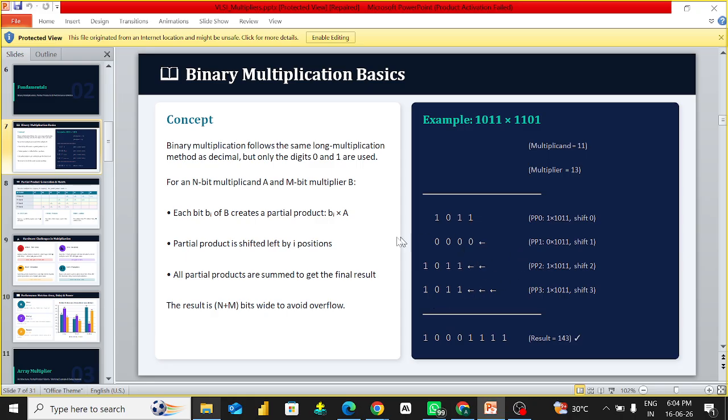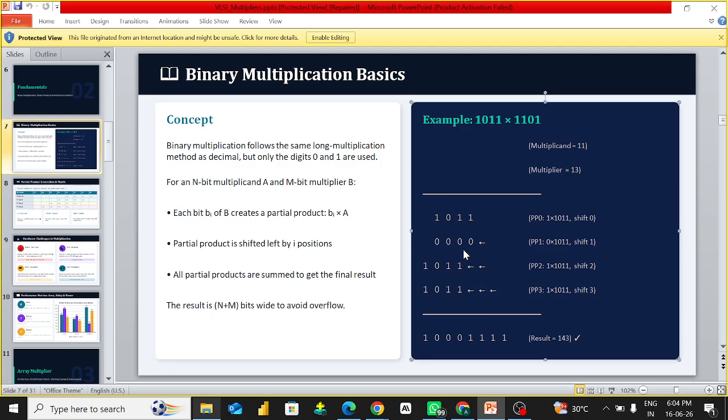Like this you need to shift each row, and you write plus between them, like that.